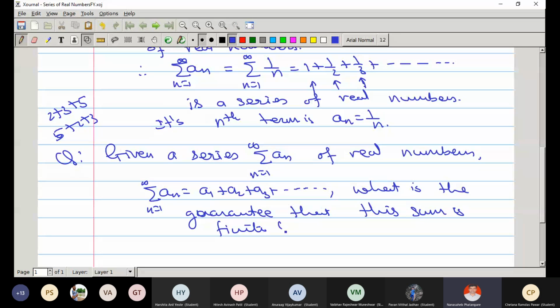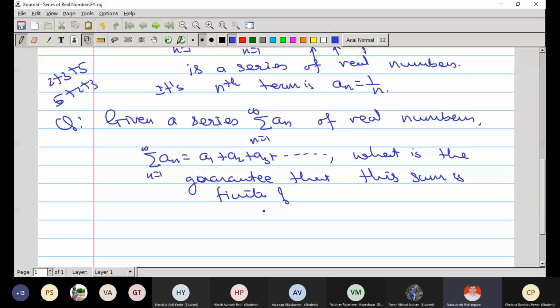Right, so this is a natural question. If we are adding infinitely many numbers, what is the guarantee that this sum is finite? That is, the sum is a real number. Right. So the sum is finite means it is some real number. Infinite means it is not in real numbers. Right. So this is a question.